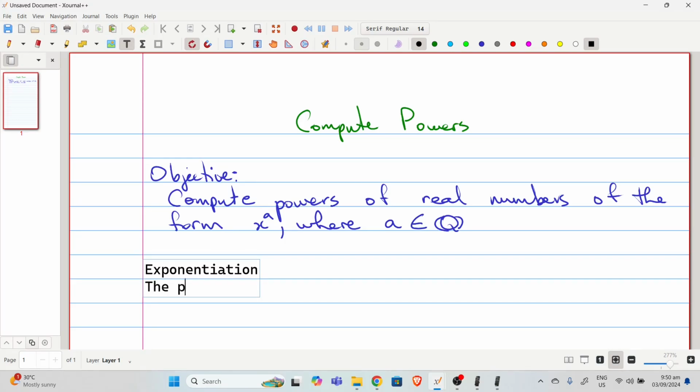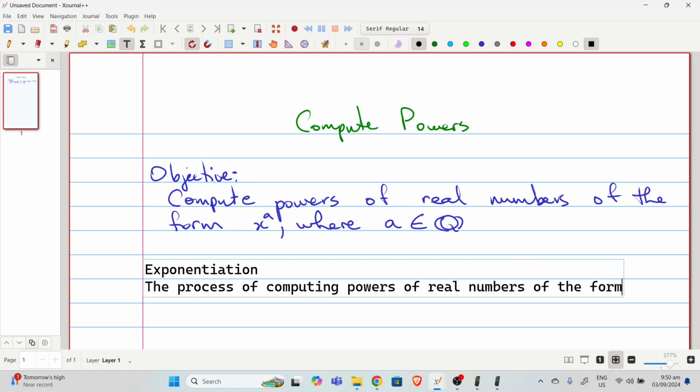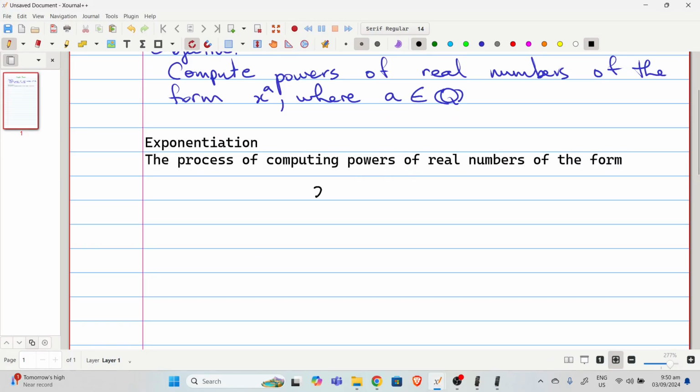So the process of computing powers of real numbers of the form x to the power of a is called exponentiation.